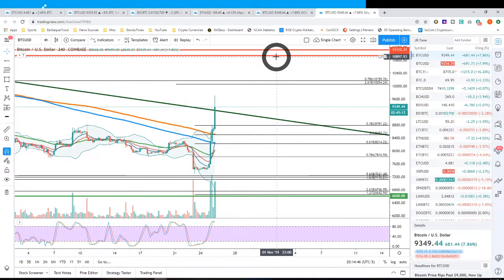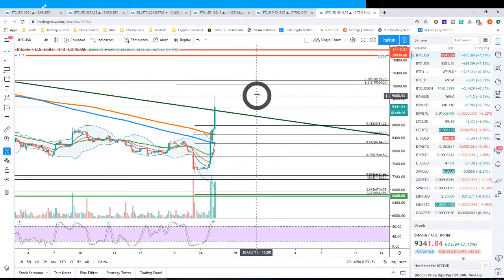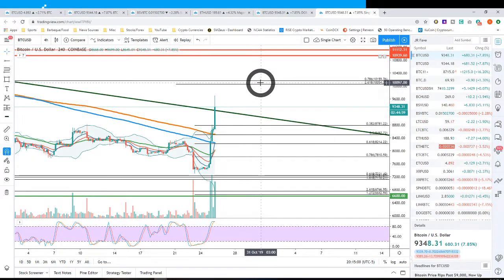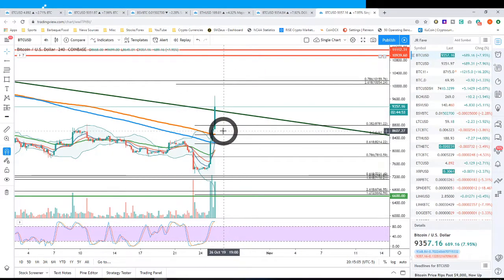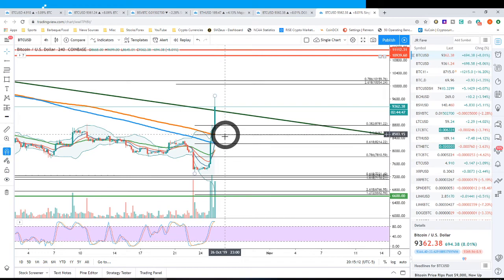If it does, then you get this move up to 11,000, right? Or at the very least, 10,000, 10.2. If not, then we come back inside the trend line and we test the 200 and the 233.